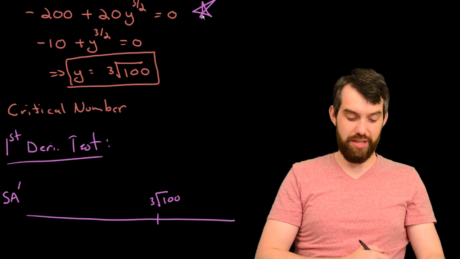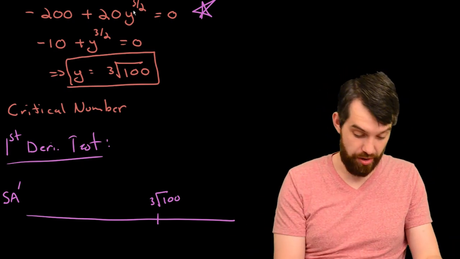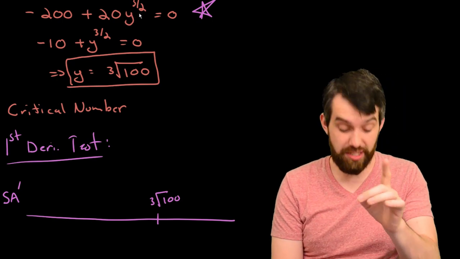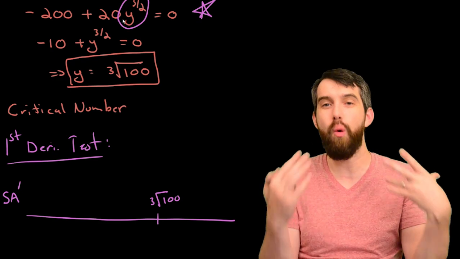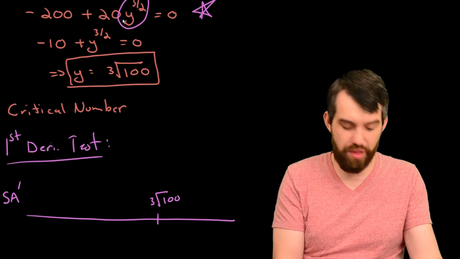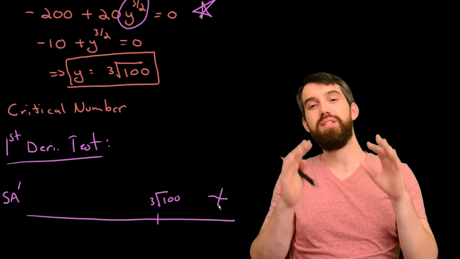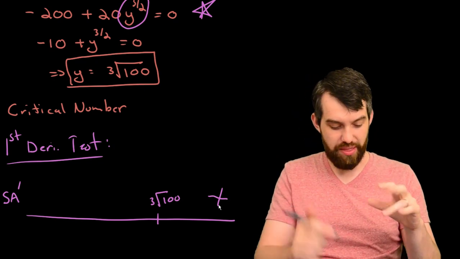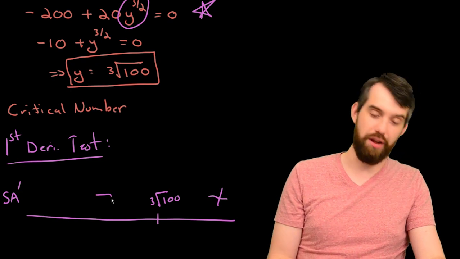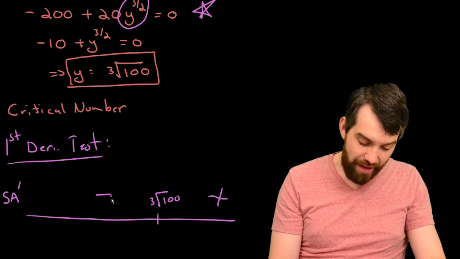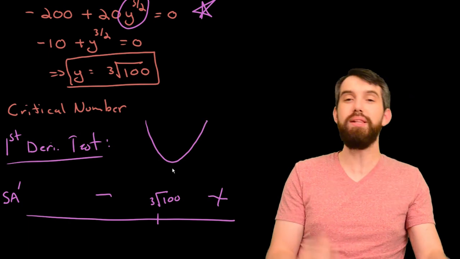I want to imagine that if I was to make y bigger than the cube root of 100, we know that at the cube root of 100 this is equal to 0, but if I put in a bigger value, it would become more positive, and therefore this left-hand side would be positive. So it's positive over here, but if I put in smaller values, then this would be a smaller number. The minus 200 would be bigger, and so it would be negative.